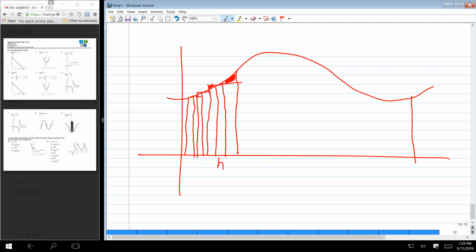But if you put an infinite number of rectangles under this curve, making each one super thin, you're taking the limit of the sum of those rectangles as H goes to 0. So it's a limit problem. Oh, okay, I see it now.